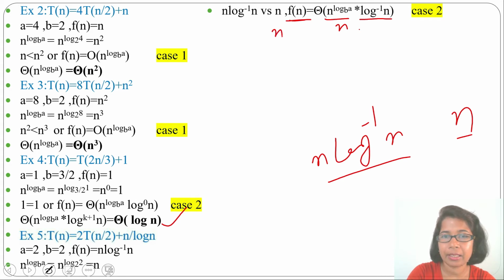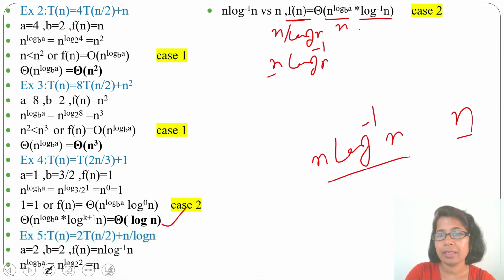Fn is n divided by log n, or you can write it as n times log n to the power minus 1. So n equals n to the power log a base b, and this log n to the power minus 1 we can multiply here. So it comes under case 2b, where the k value will be minus 1.